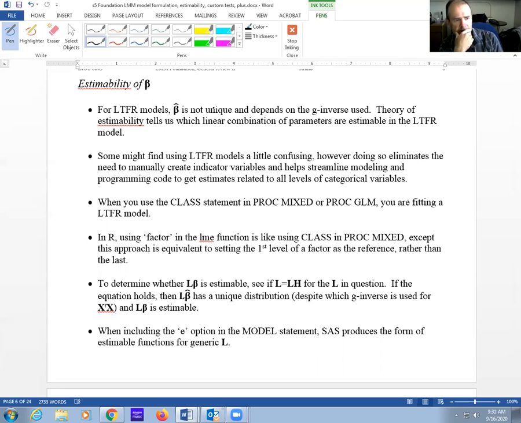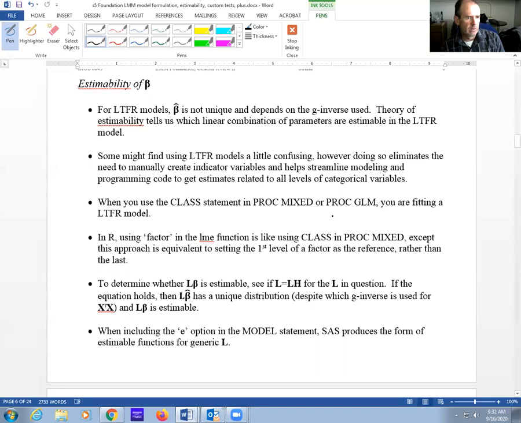And like I said, this is actually the model that's fit. We actually create an X matrix with a level for each variable. You put in a column for each level that you have for that variable in the X matrix.